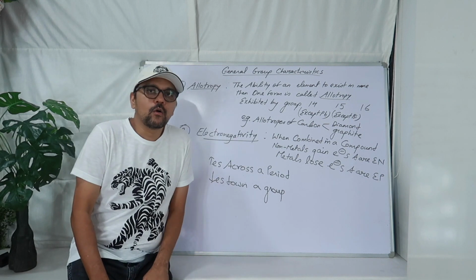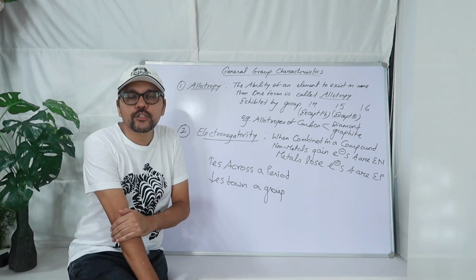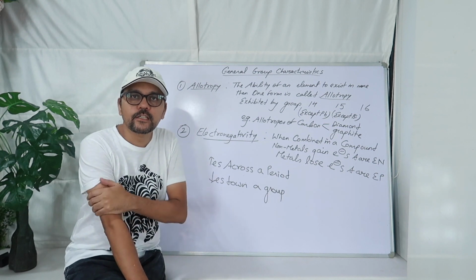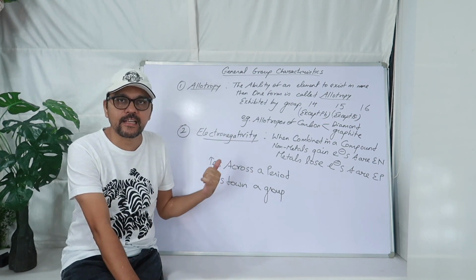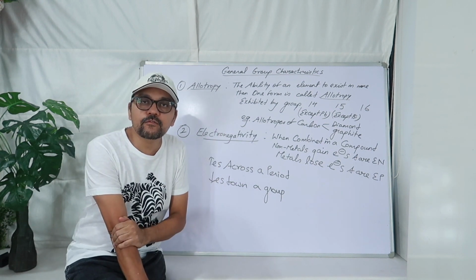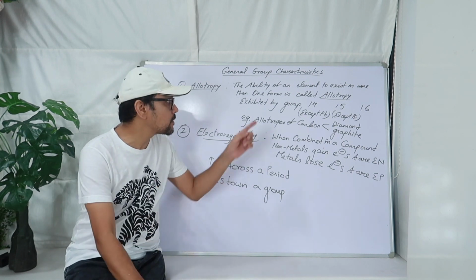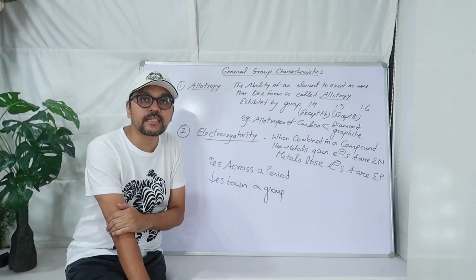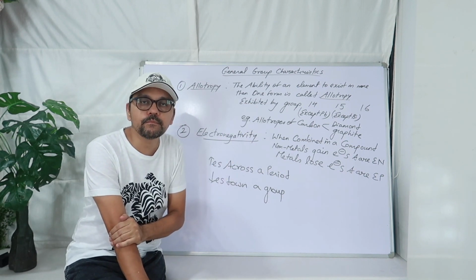So let's talk about the last part of the chapter called general group characteristics. There are 2 characteristics we are going to study. First is called allotropy and second is called electronegativity. Now what is allotropy? There are a number of elements which have the ability to exist in more than one form. So the ability of an element to exist in more than one form is called allotropy.